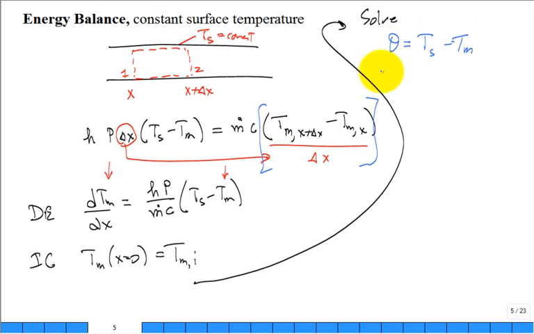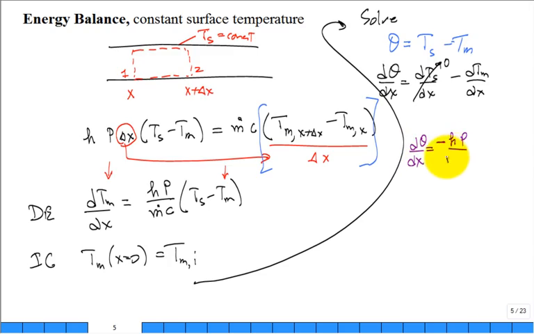So when I differentiate this equation, d theta dx, the dTs dx goes away because that's equal to a constant. We pick up a minus dTm dx. So our transformed equation with the new change of variables, instead of temperature, we have a temperature difference theta. This becomes d theta dx is equal to minus hP divided by m dot c theta.